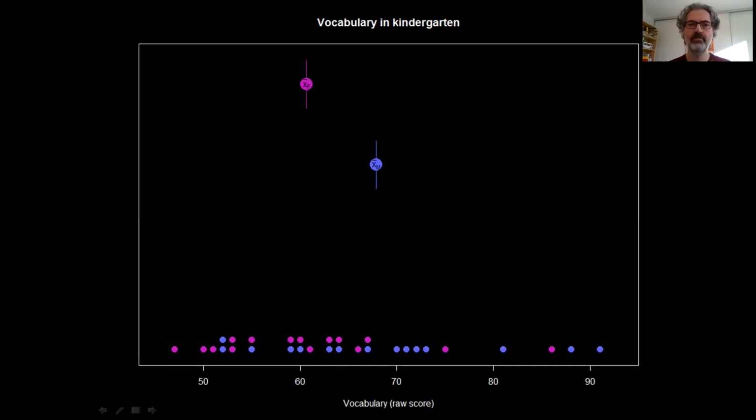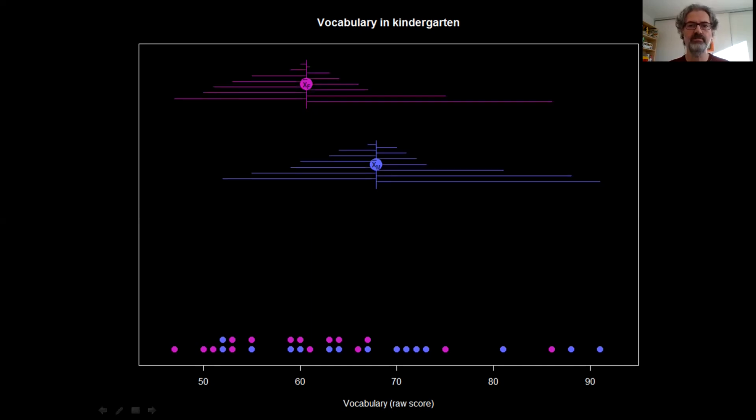So if we have the group means, we can very easily calculate the deviations from those means instead. Here are the corresponding lines. So the distances from the mean are an index of how far off you will be if you were to predict each data point by its mean.